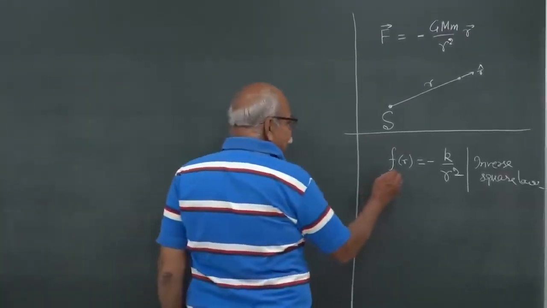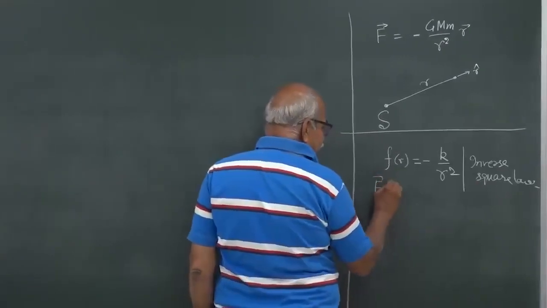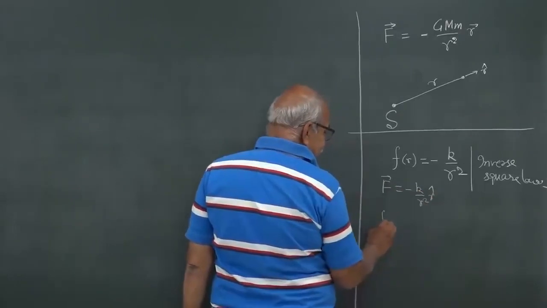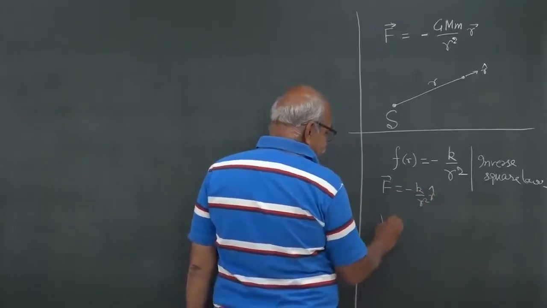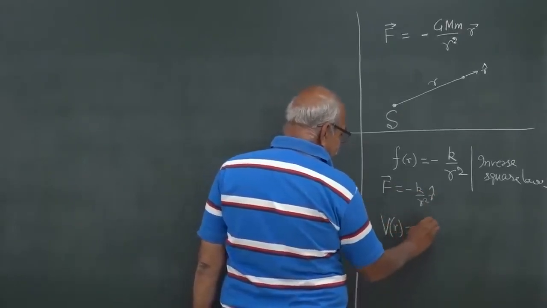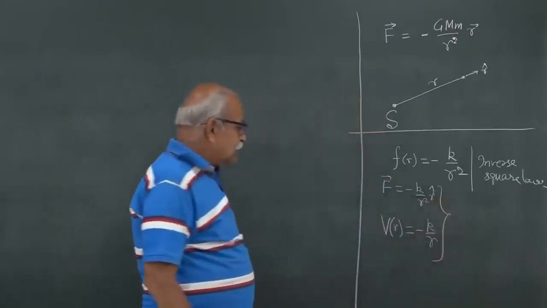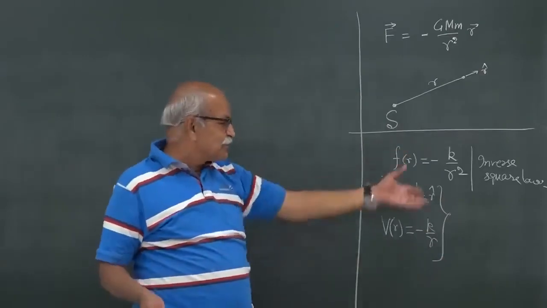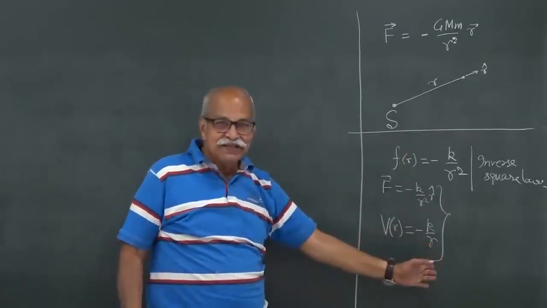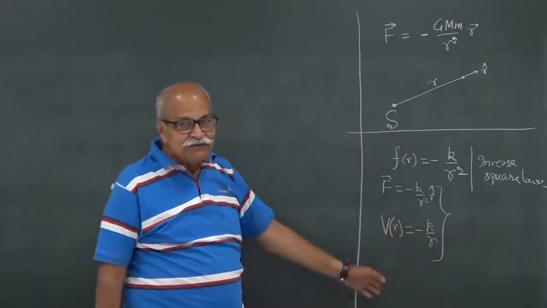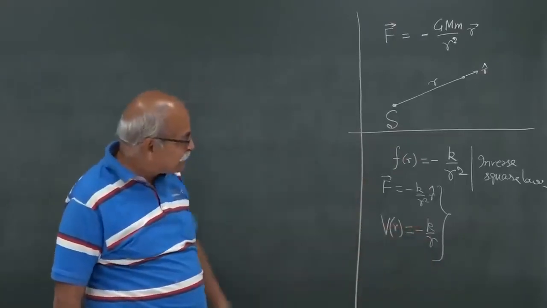Here, if the force is equal to minus k by r square r cap, then this potential V of r will be minus k by r, right. So, I just plot this V of r versus r, it will be a hyperbola, and it will also give you some results, but not very useful. So, we do some mathematical manipulations.